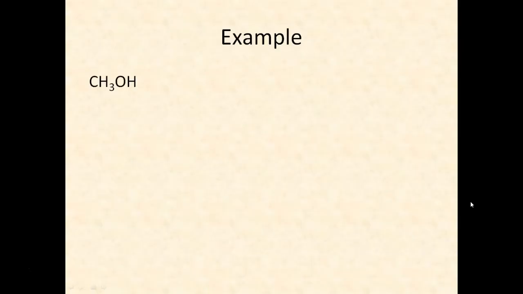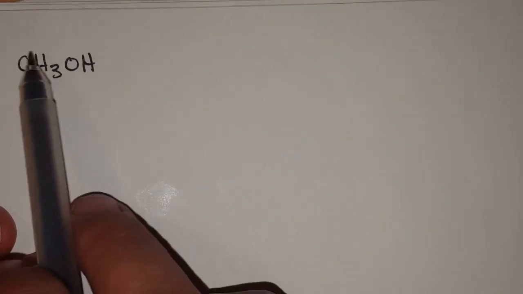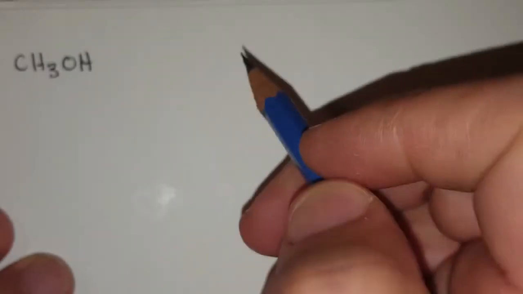Okay, so now let's take a look at a second example, CH3OH. For our second example, we're going to look at methanol. Again, the first thing we need is our Lewis structure.